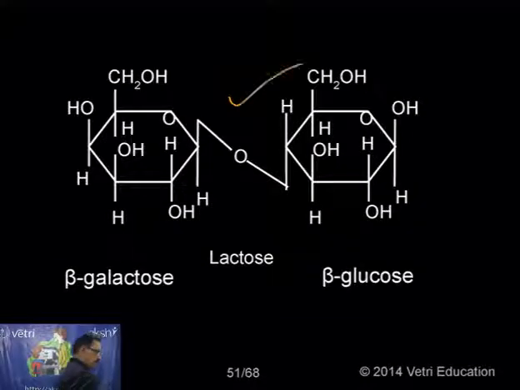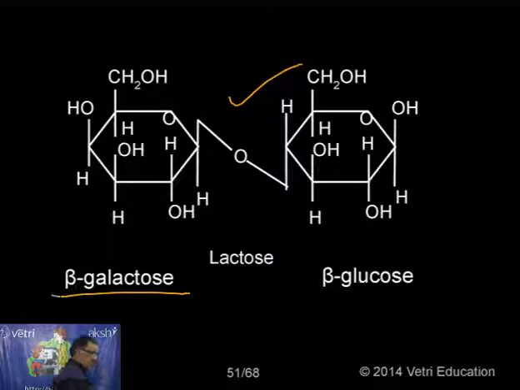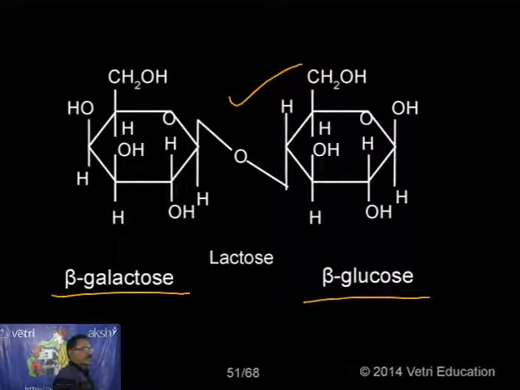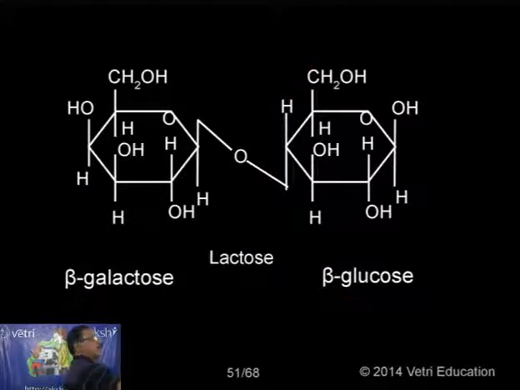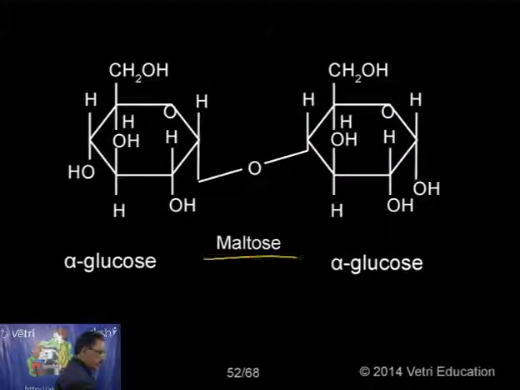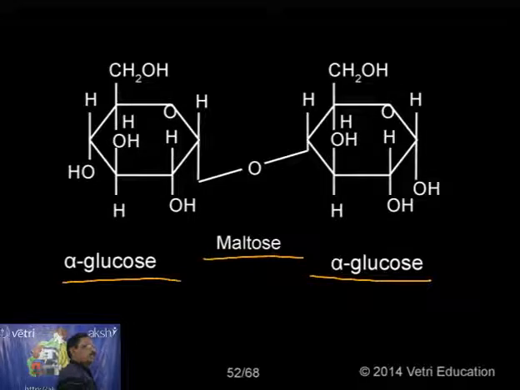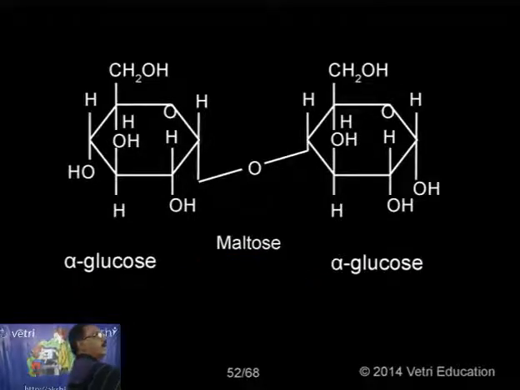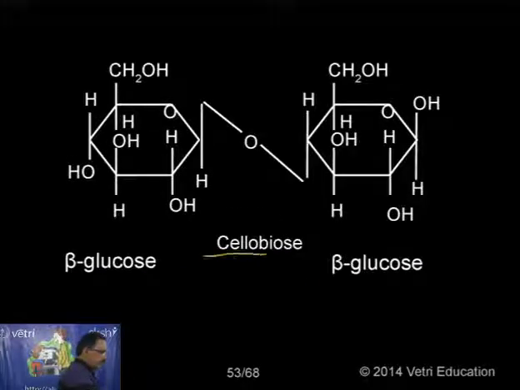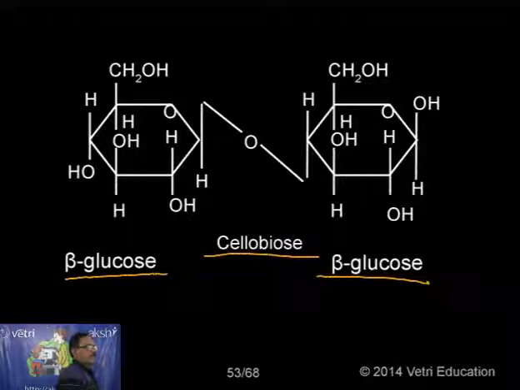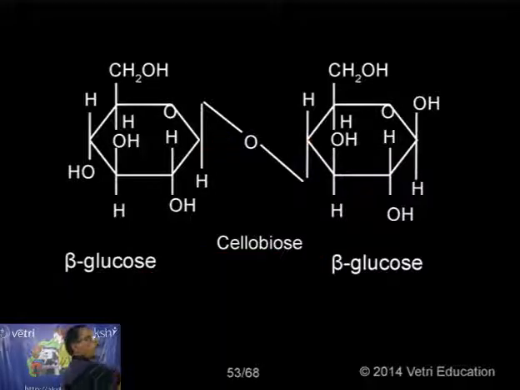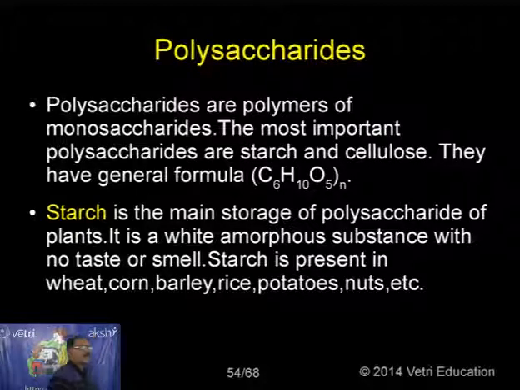This is lactose, beta D galactose and beta D glucose. This is maltose, alpha glucose and alpha glucose connected, and this is the structure of cellobiose, in both cases beta D glucose connected, here it is C1, here it is C4. These are all disaccharides.